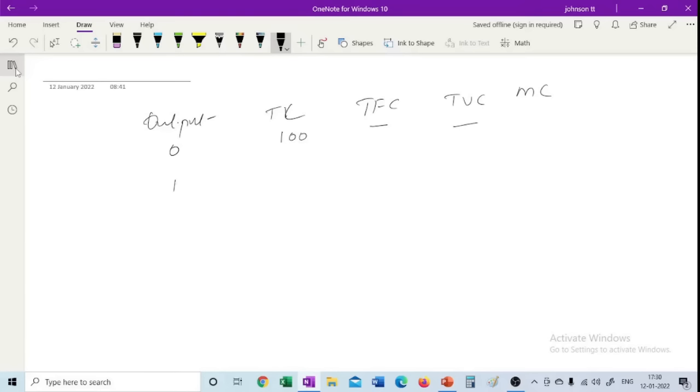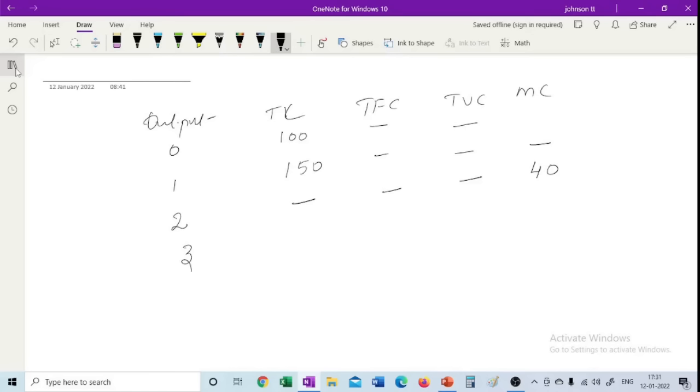Then output 1 unit, total cost increased to 150. So we have to find total fixed cost and again total variable cost and marginal cost. Then for the second unit, we have to find the total cost, it is not given. Total fixed cost and total variable cost also we have to find. The marginal cost is given as 40.